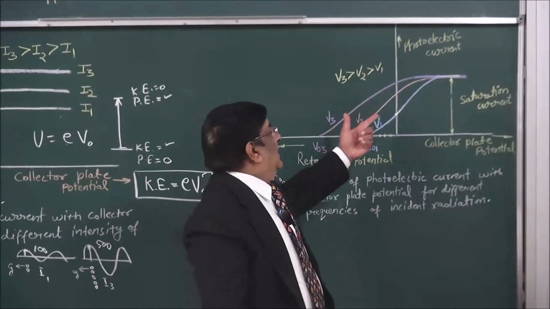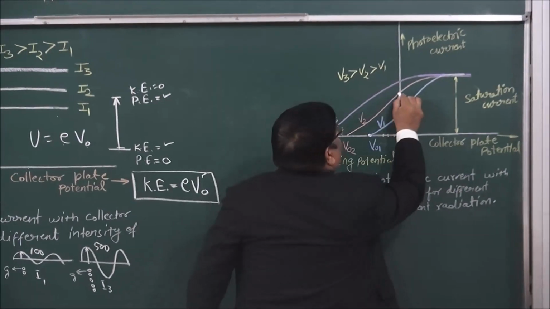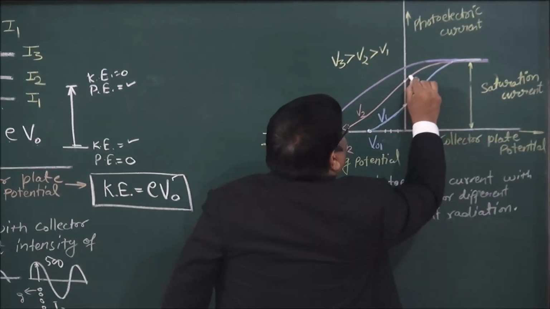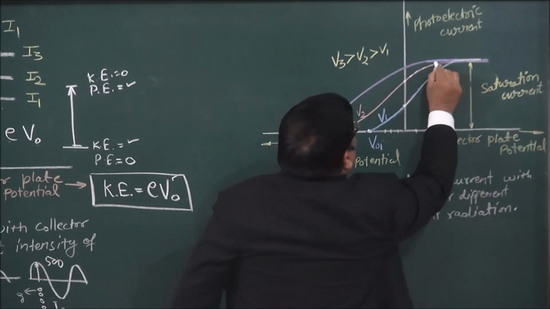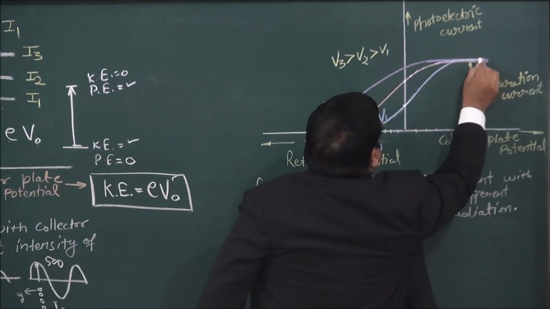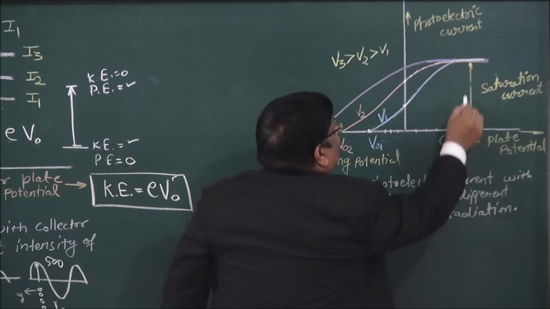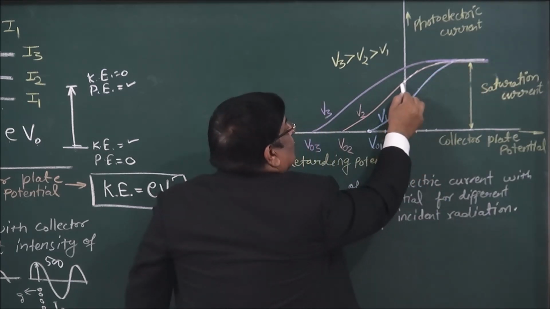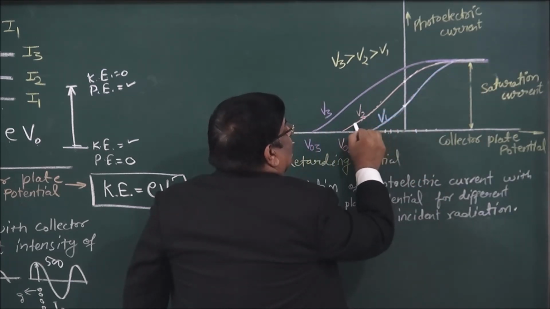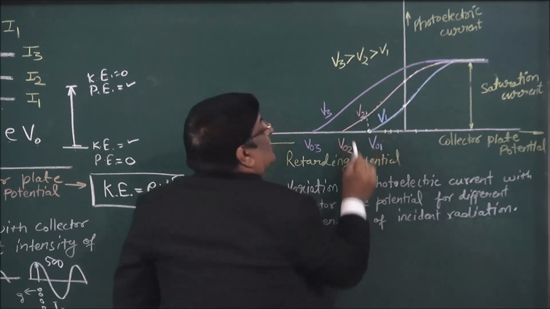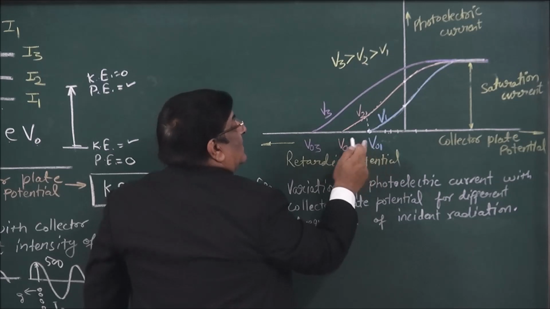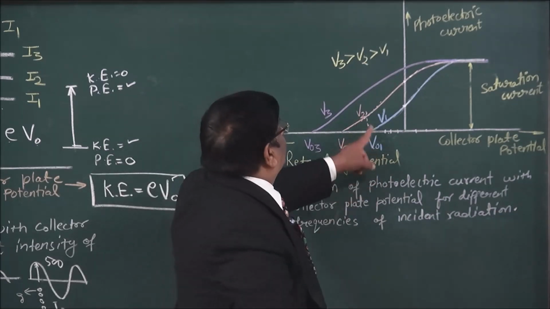Now I change the color and again increase the voltage positive. The current increases and becomes saturated, but at the same saturation value. When I decrease the voltage, it decreases, but at this voltage it does not stop. It goes up further. At V1 I am not able to stop it.